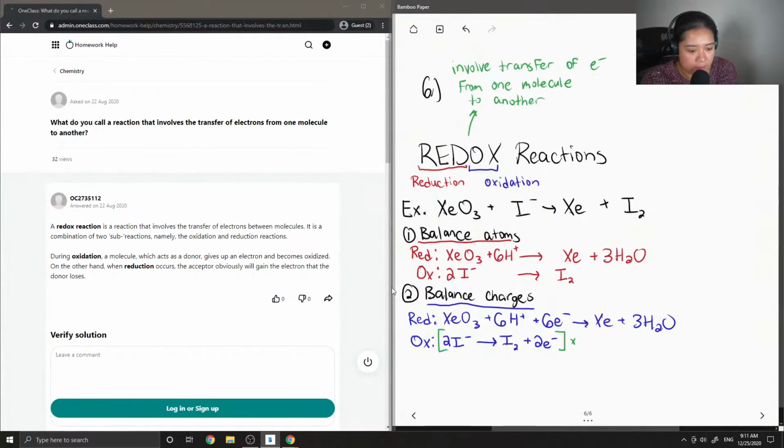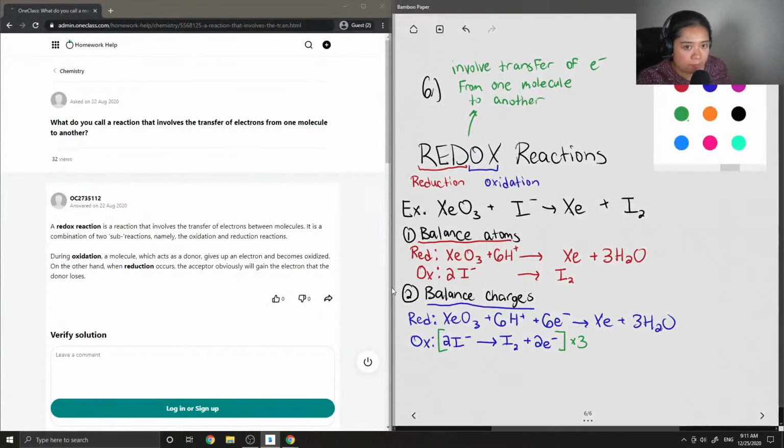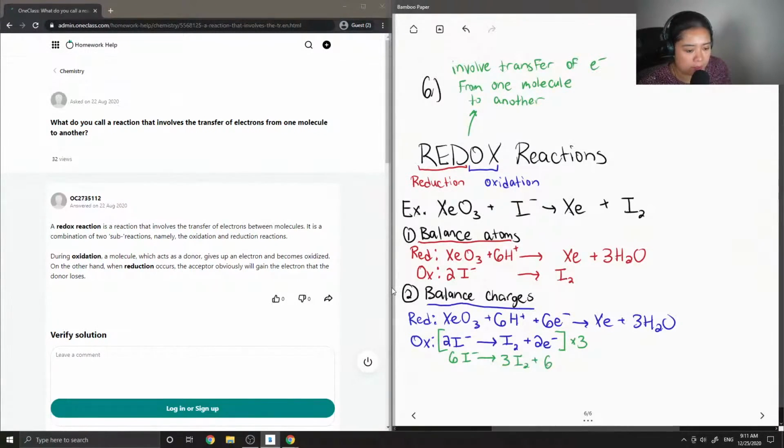So I'm going to multiply this whole thing by 3. So by multiplying it by 3, this changes it to 6 I minus going to 3I2 plus 6 electrons.